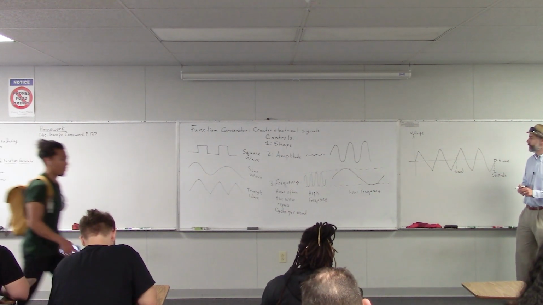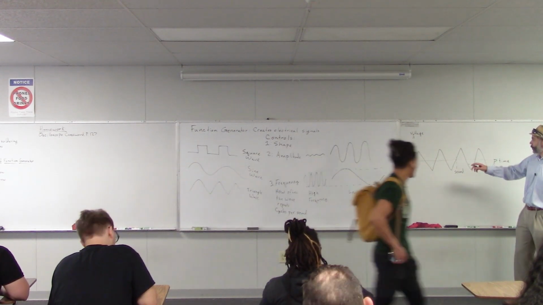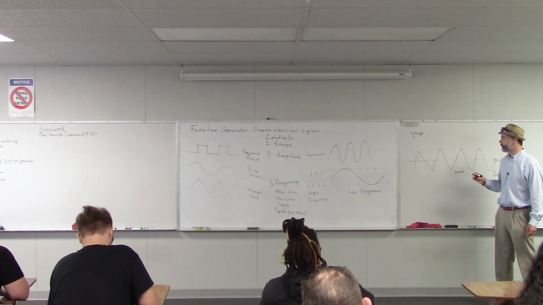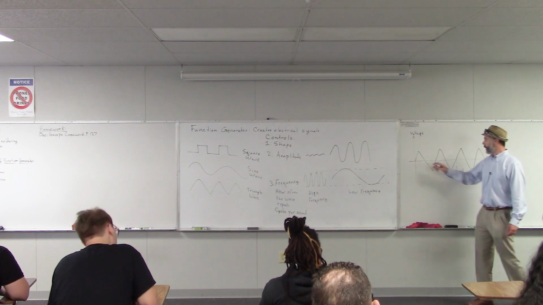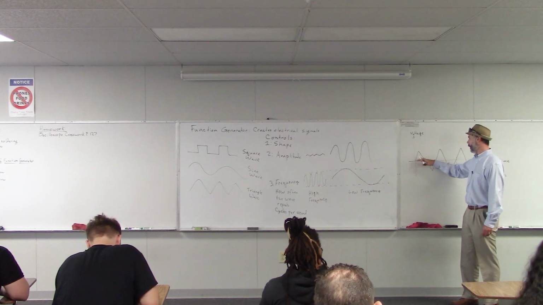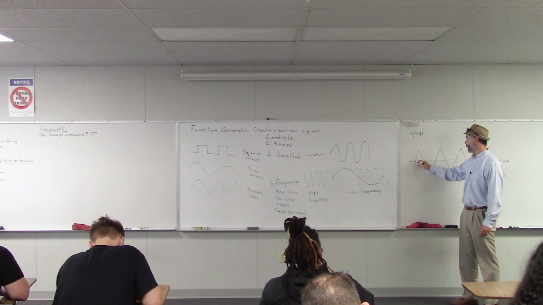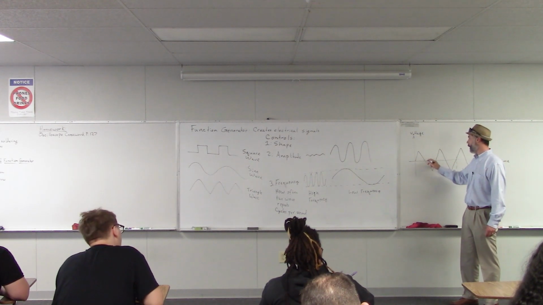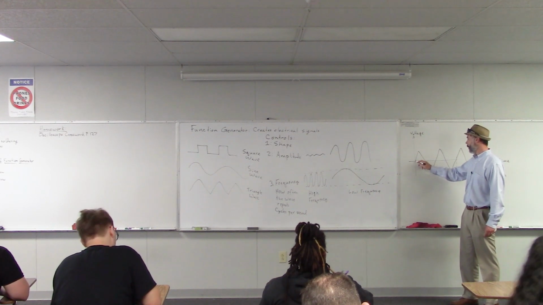So let's try and figure out the frequency of this wave. Well, we can see that it starts right here where the wave is kind of angling up from the middle line. So we have to find the next time that happens, and that will be one complete cycle.